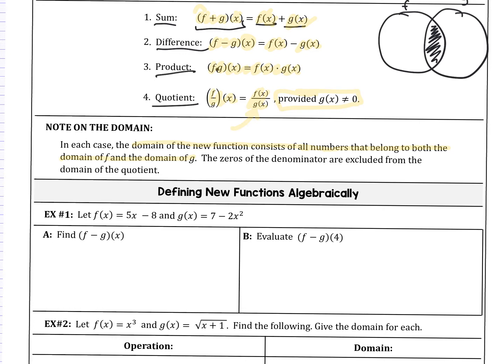So again, they're just referring to the fact that any x values that would cause you to divide by 0, so where g of x is equal to 0, are excluded from the domain. So again, the domain of the new function consists of all x values that belong to both the domain of f and the domain of g.